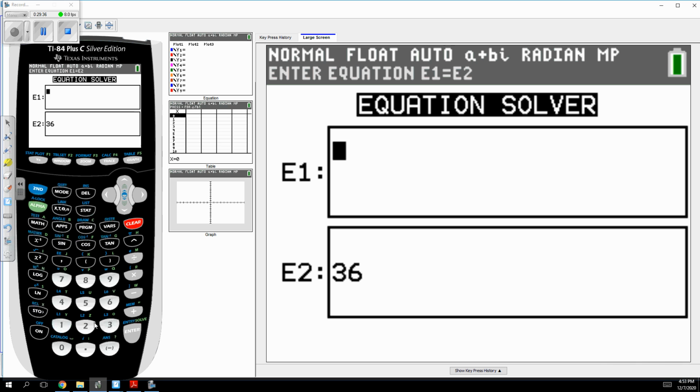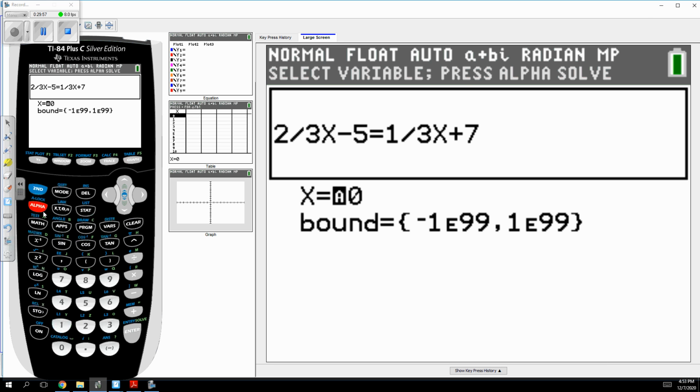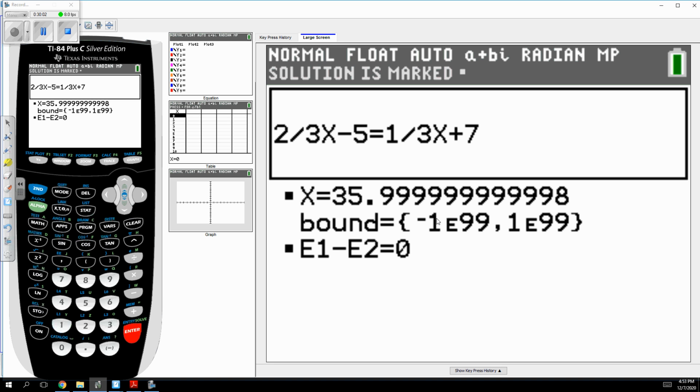You just go 2/3 n minus 5 and 1/3 n plus 7. Y'all just hit the F5 twice. I have to hit OK, alpha, solve. Looks like 36. So the answer is K, 36.